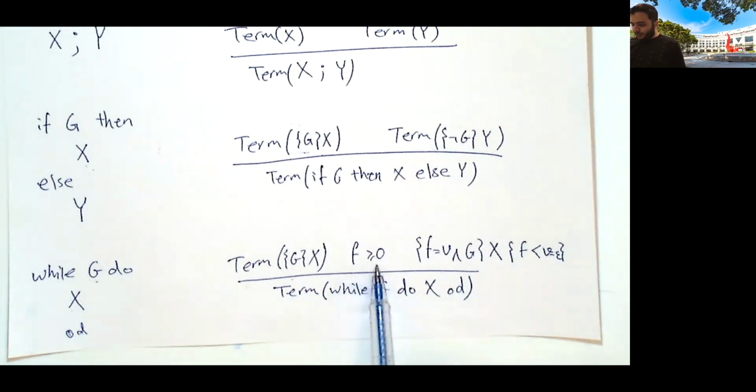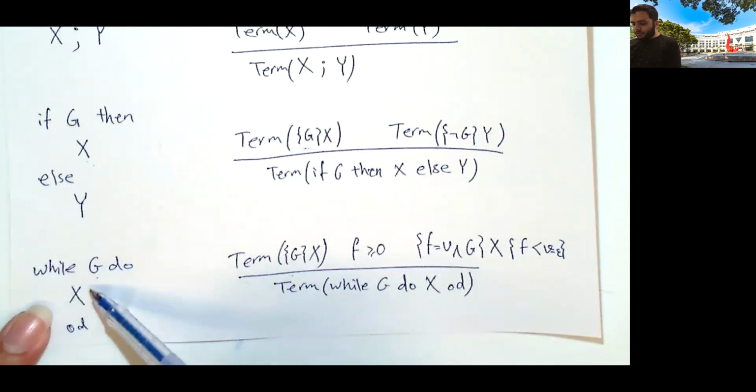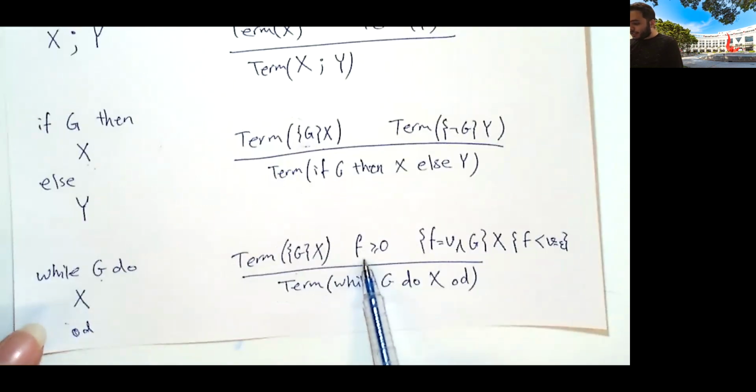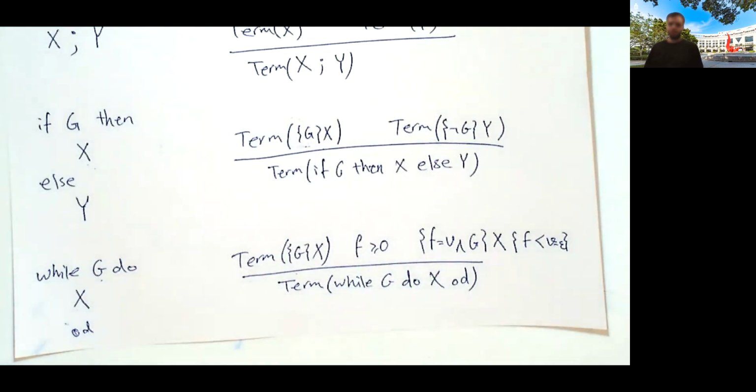So its value is always greater than or equal to 0. And its value decreases every time you run the entirety of x. But you can synthesize this f exactly in the same way that you synthesize a ranking function, right? It's the same problem. So if we assume linearity in all of this, then this can also be solved by Farkas' Lemma.